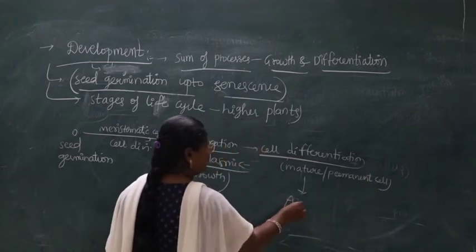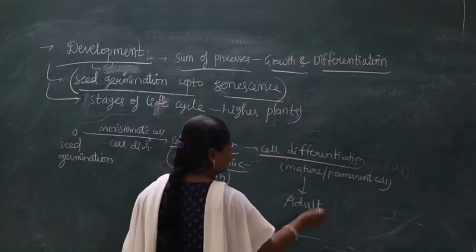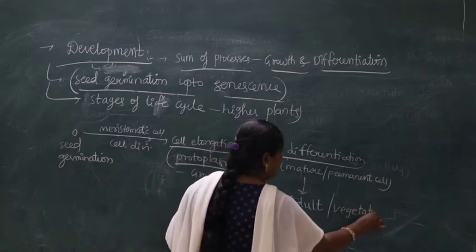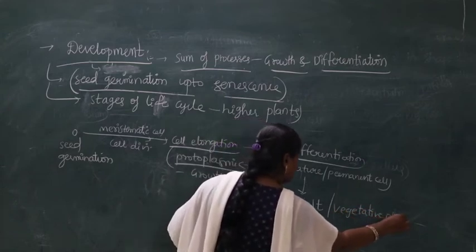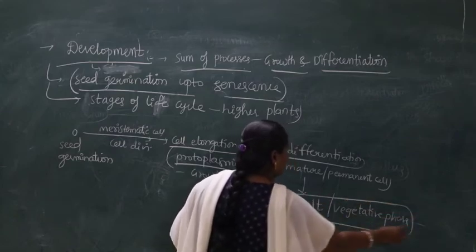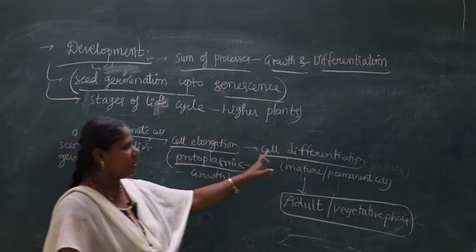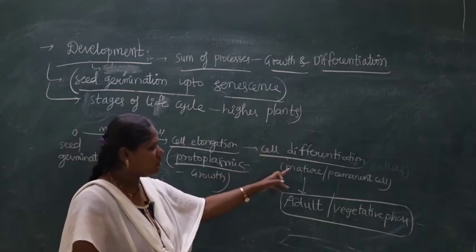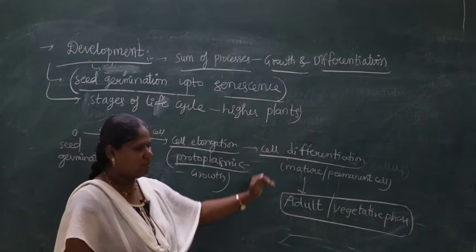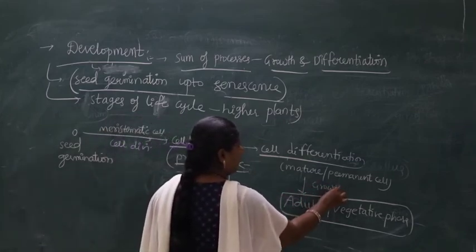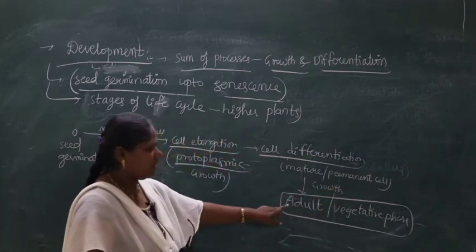Then the plant grows, it becomes an adult plant and it attains what is called the vegetative phase. When the plant becomes adult, after cell division, cell elongation, cell differentiation, there is a formation of mature cells and permanent cells. The plant is attaining what is called growth phenomena, and after growing, the plant becomes an adult plant.